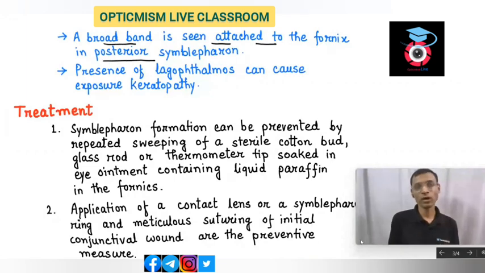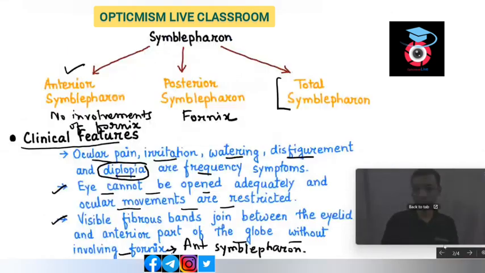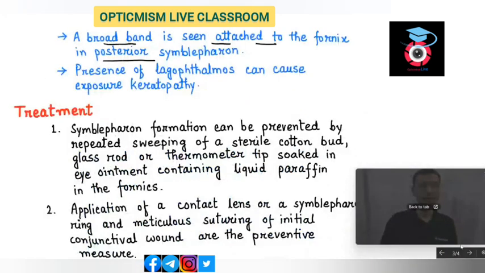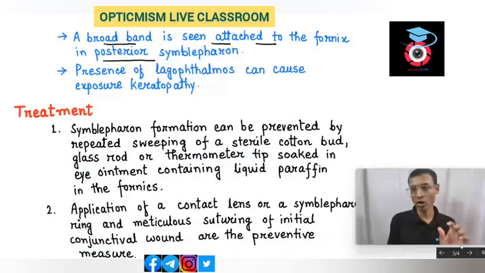So what we understand from these two features is that in anterior symblepharon, multiple fibrous bands are visible, but in posterior symblepharon, a broad band, that means a comparatively large band, is seen.